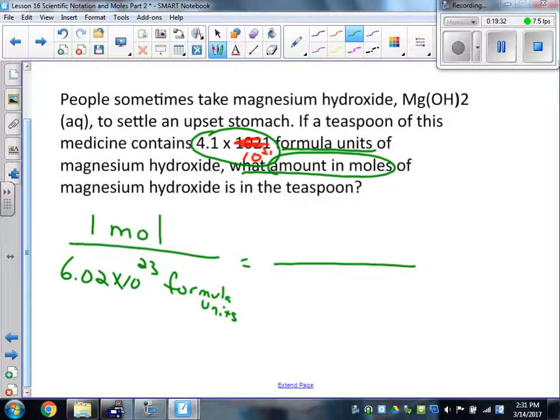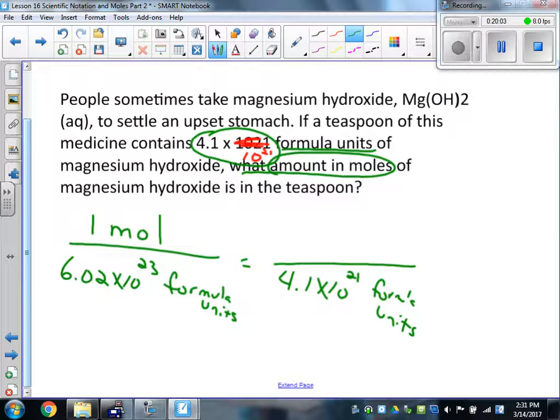So 4.1 times 10 to the 21 formula units, where does that need to go? Top or bottom of my fraction here? I want you to think about that for a second. Top or bottom? Katie? Bottom. Absolutely. Does that make sense?